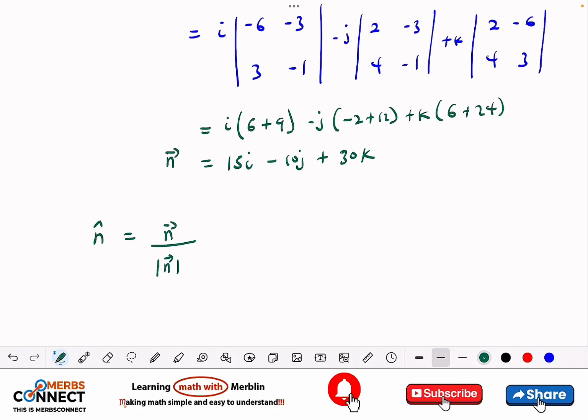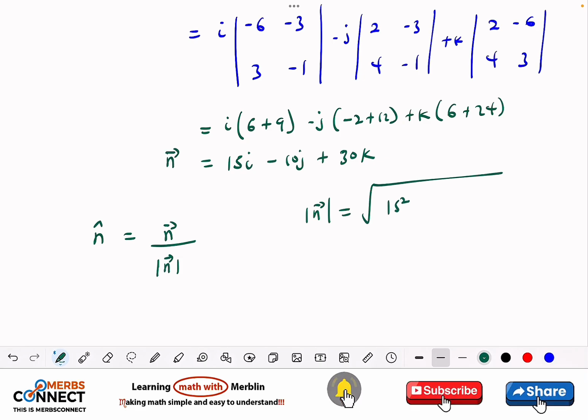So that's what we just need to do. All we need here is to find the magnitude, which is going to be 15 squared plus minus 10 squared plus 30 squared.